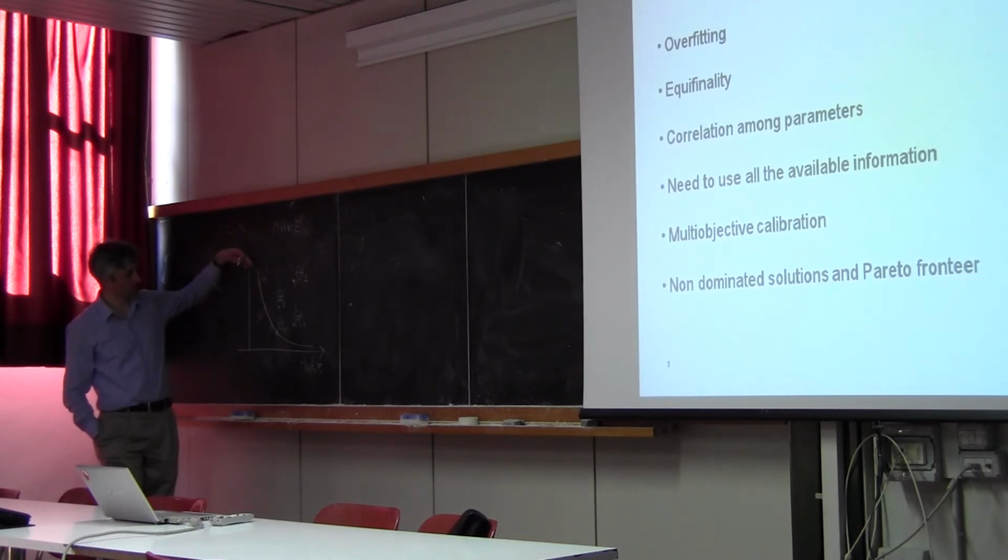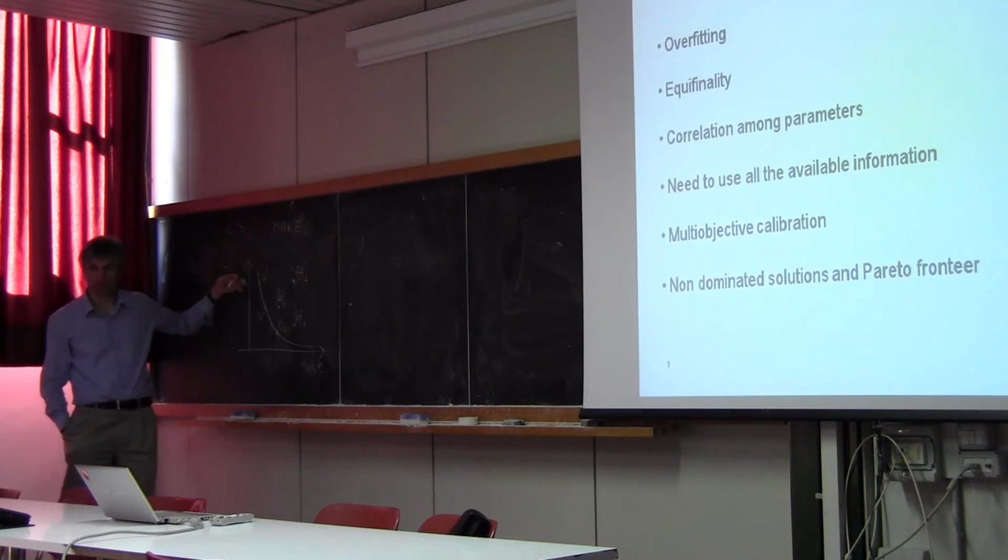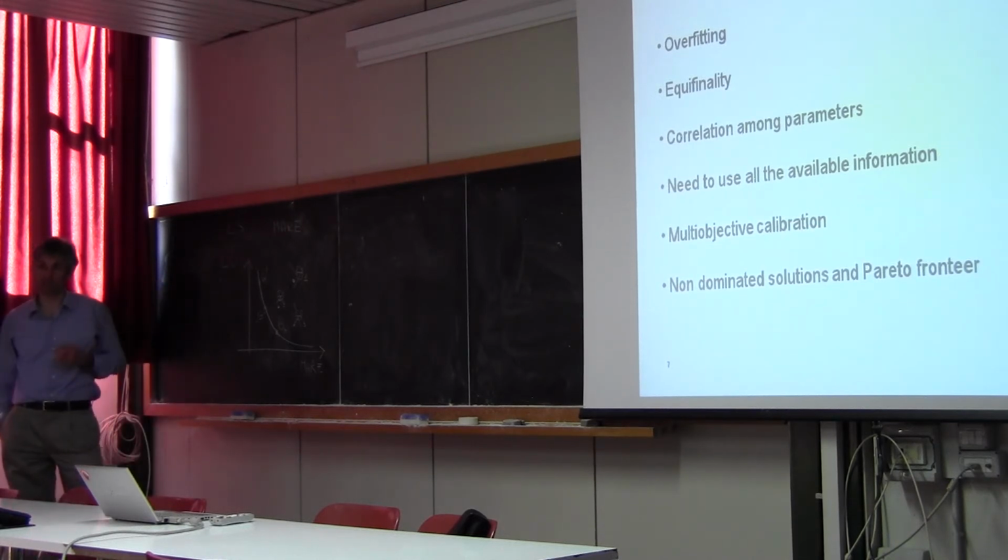This is called the Pareto frontier, in Italian frontiera di Pareto, meaning that it's the curve where non-dominated solutions lie, and they constitute a frontier for all the possible parameter vectors.